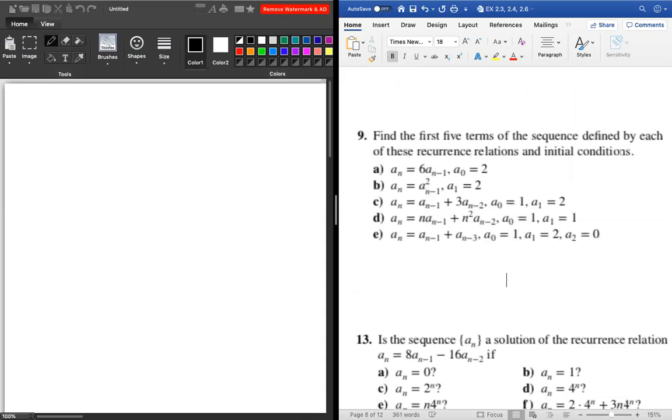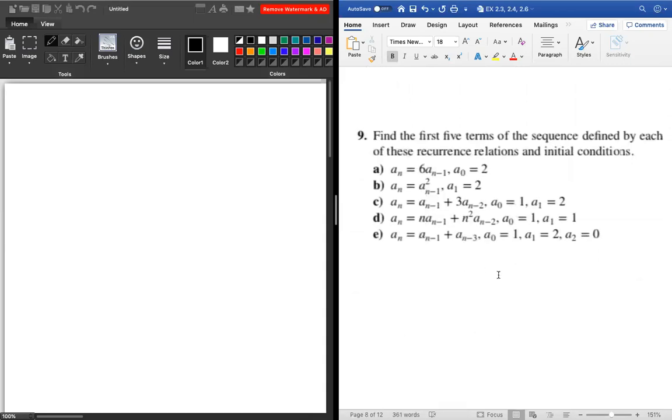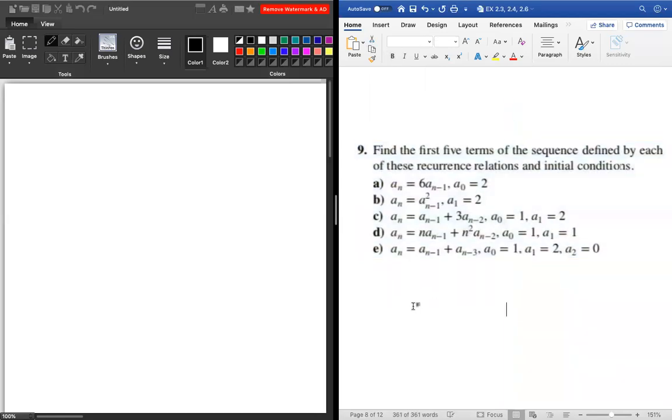Okay, so we have to find the first 5 terms of the sequence defined by each of these recurrence relations and initial conditions. Here in part A, we have a_n equals 6a_{n-1} and a_0 equals 2.